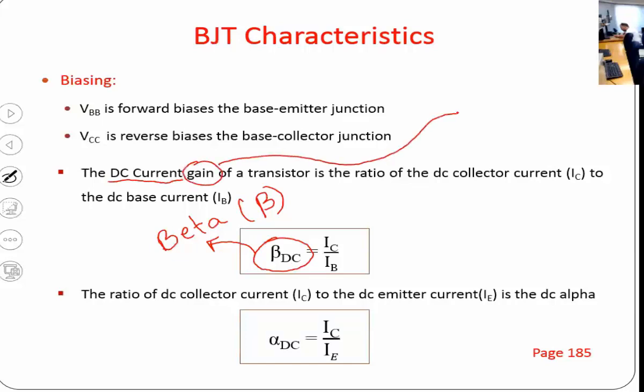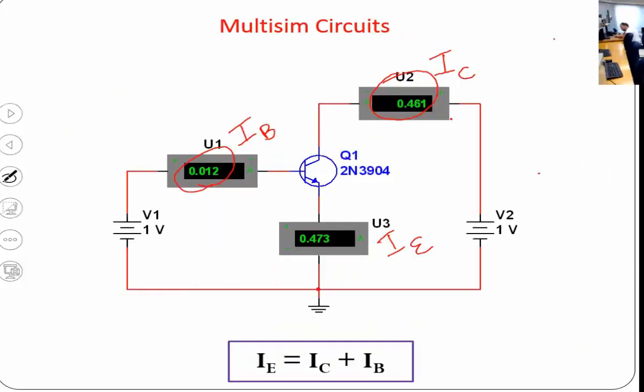What does gain mean? Gain, from the amplifier standpoint, for example: if I go to this application where I have 12 milliamps here, but the collector current is 461 milliamps, how much current am I gaining?